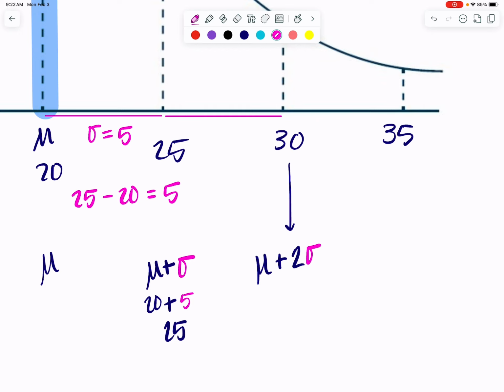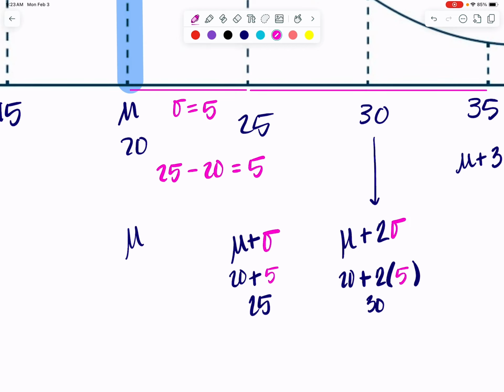So this is 20 plus 2 times the standard deviation, well, 20 plus 5 is 30, and so on. If you continue one more standard deviation out, this is mu plus 3 standard deviations from the mean.